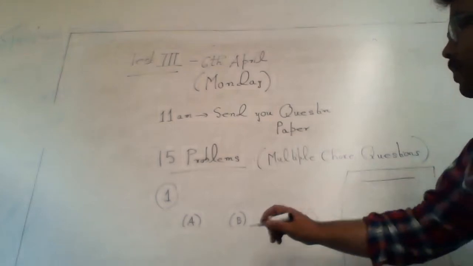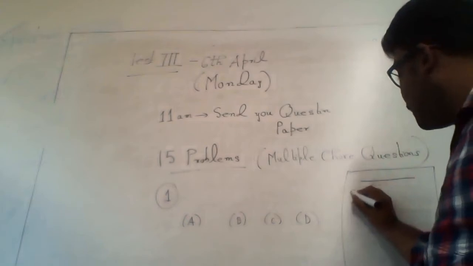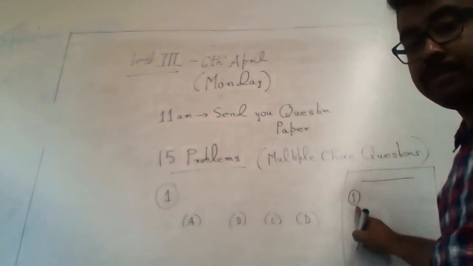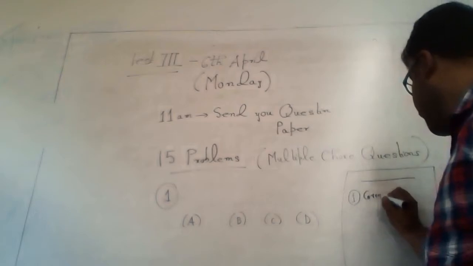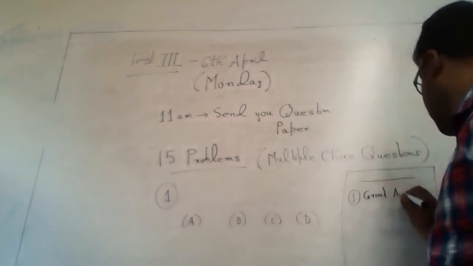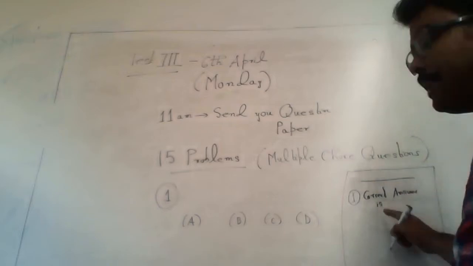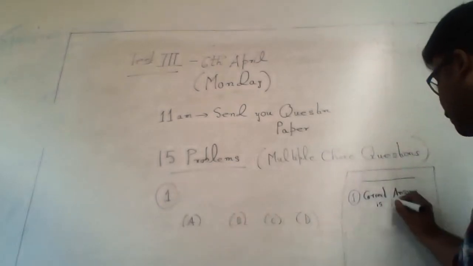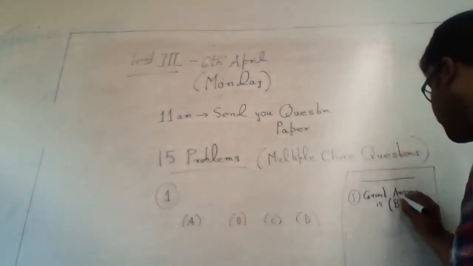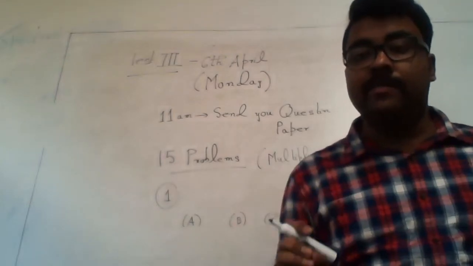Then you write down the question number, for example the first question, and then you write down the correct answer is, and then the correct answer. For example, if the correct answer for question number 1 is B, then you write down the correct answer is B.